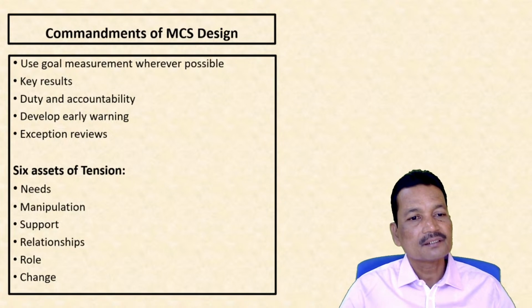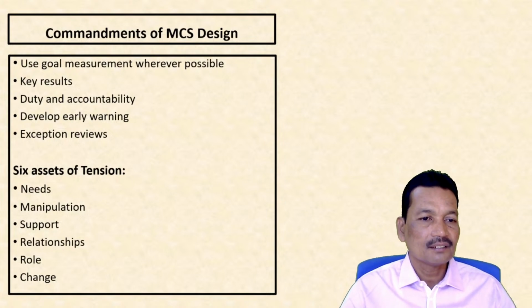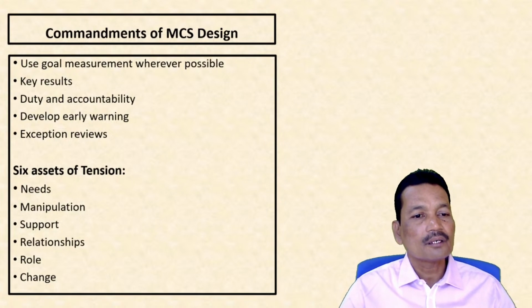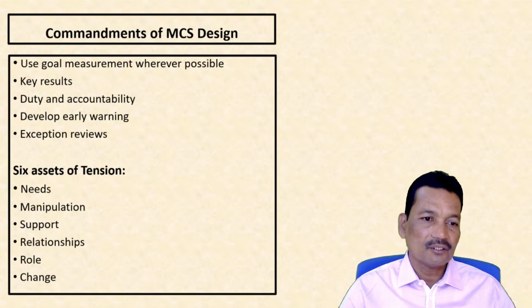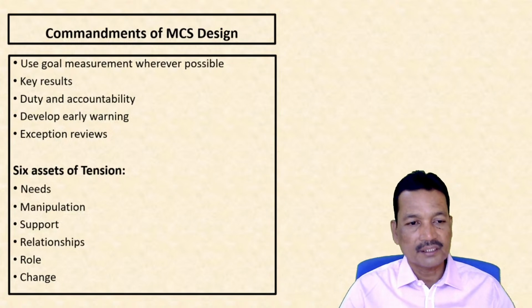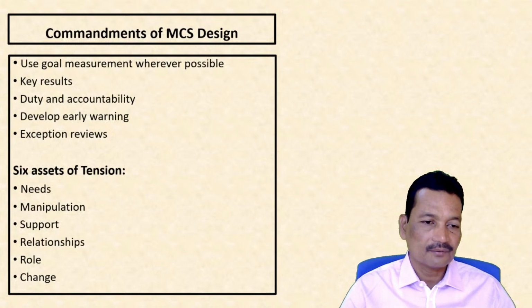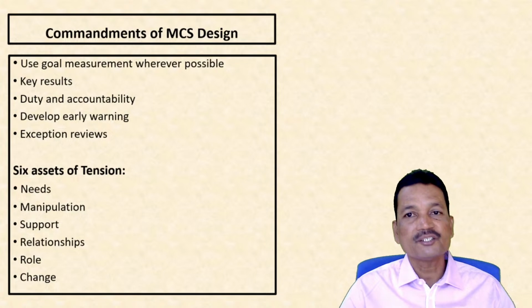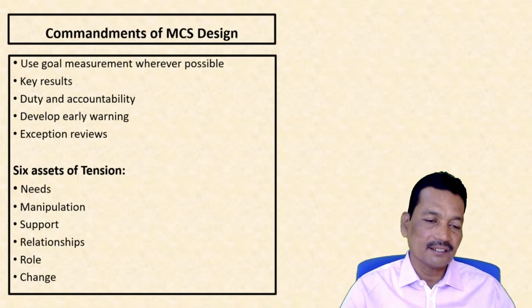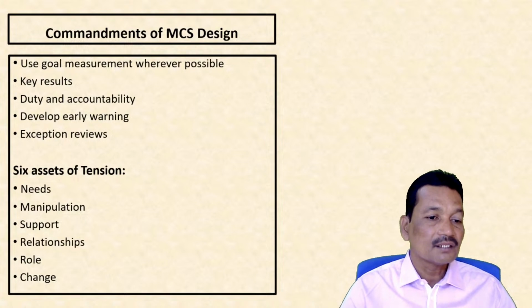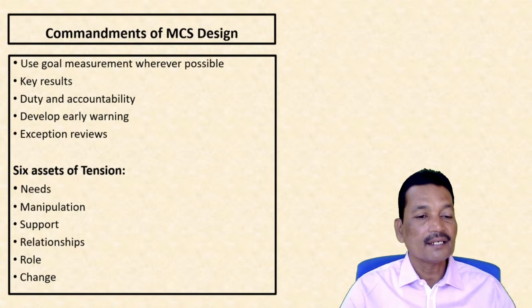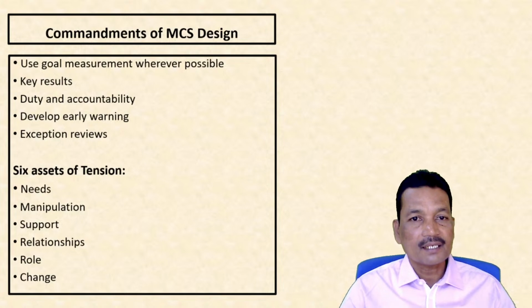Sometimes what happens in an organization is that tension is created for the employees. Why? Due to needs, manipulation, support from each other, relationship with others in the organization, their role, and whether they are adaptable to changes or not.